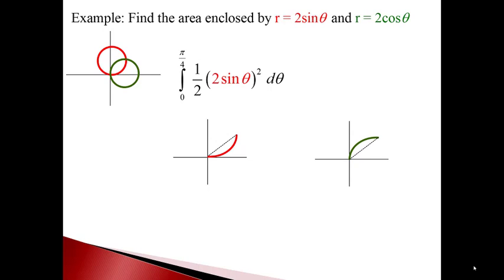The second part contains a part of the curve r equal to cosine theta. The endpoints correspond to theta equal pi over 4 and theta equal pi over 2. The area of this part is the integral from pi over 4 to pi over 2 of 1/2 of 2 cosine theta squared.